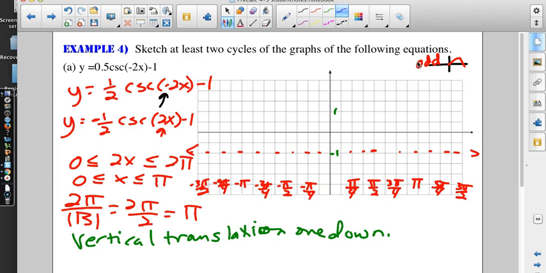And now with cosecant, we think about how do you graph sine. And there's no phase shift, so we're going to start normally what would be 0, 0. We're now going to start at 0, negative 1, because this one has that vertical translation of 1 down. And then normally sine would be axis, high, axis, low. But remember, we moved that negative out in front to make this easier.